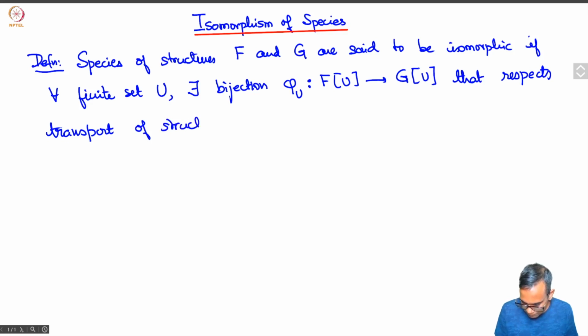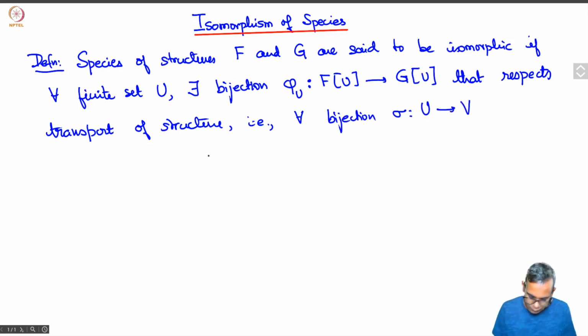What does that mean? For every bijection between finite sets, sigma from U to V, on the one hand we have from F of U to F of V the map F sigma.